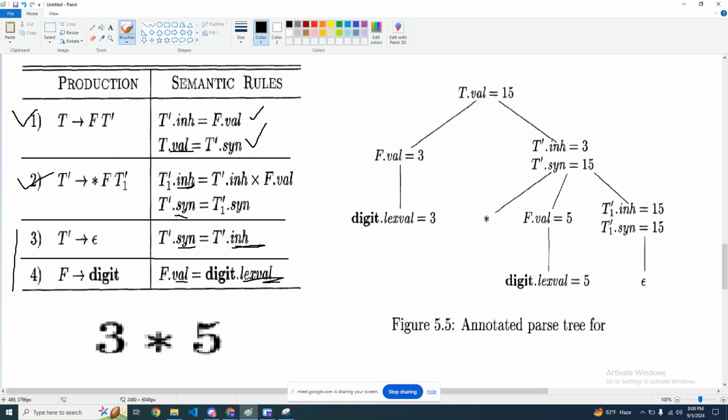Okay. Now you are given this information and you are asked to draw the annotated parse tree for this 3 into 5.